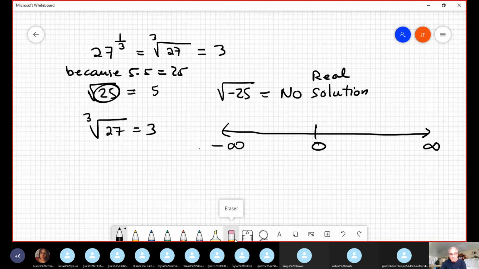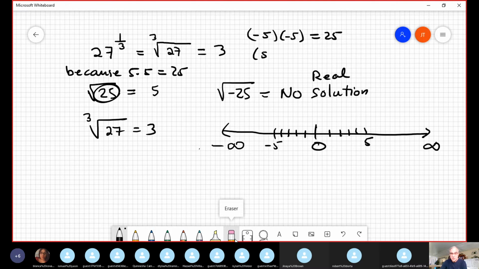But what happens here? Suppose negative 5. When you multiply negative 5 times negative 5, the answer is positive 25, and not equal to negative 25, which is the number that we need. Then, well, and positive 5, professor?